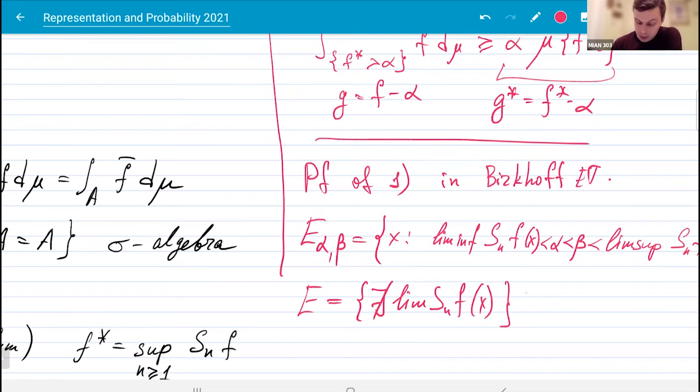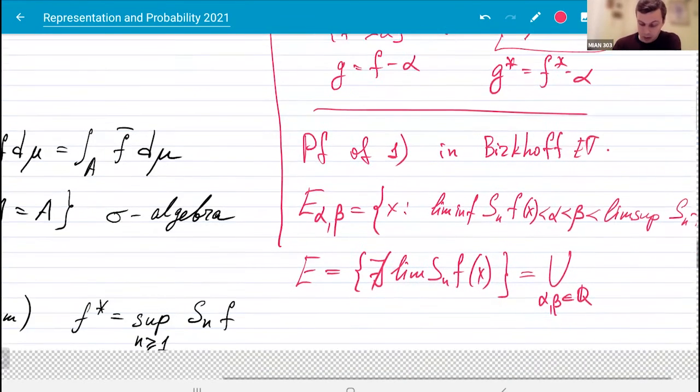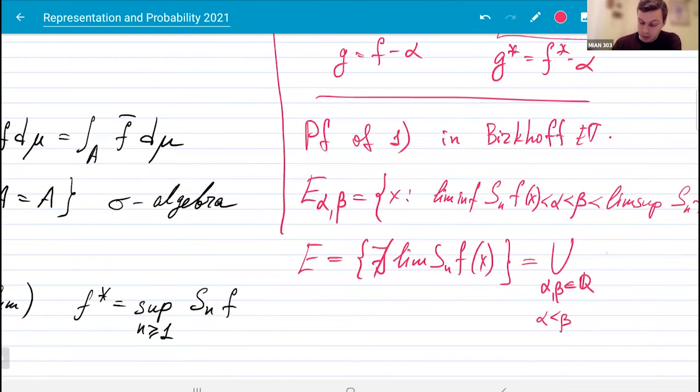Then this set is just the union of all E alpha beta, but we can also say that it is a union of all E alpha beta only over alpha and beta belonging to Q, the rational numbers. Of course, alpha less than beta. Because if the limit does not exist, then the upper limit and lower limit differ, and therefore between them I can put two rational numbers, alpha and beta. And so such a point x belongs to E alpha beta.